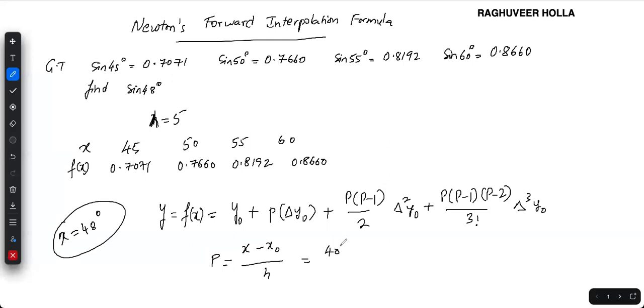So 48 minus x naught, x naught is this, which is 45, divided by h, which is 5. So which is nothing but 0.6. Now we got to substitute it here.